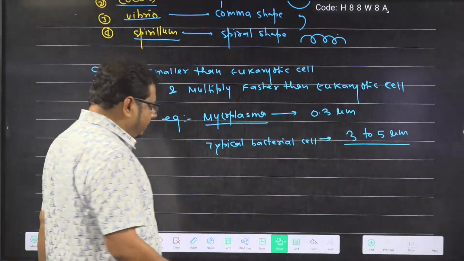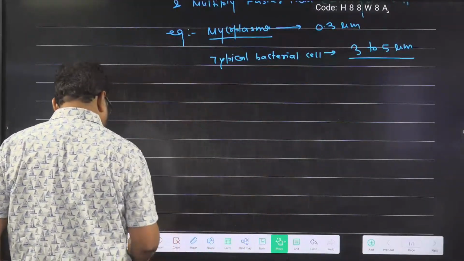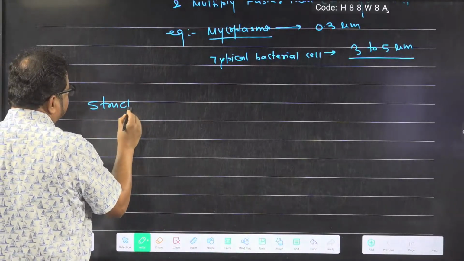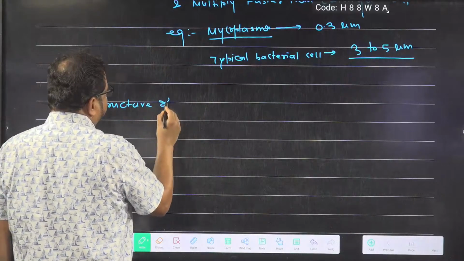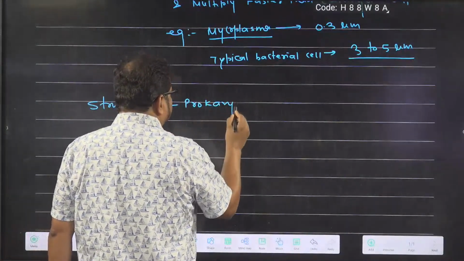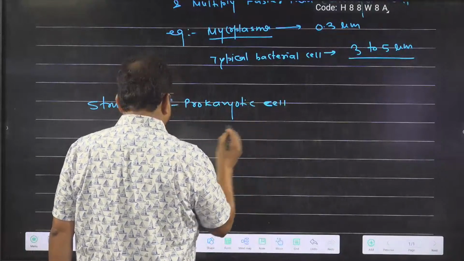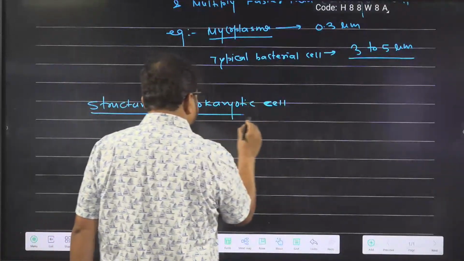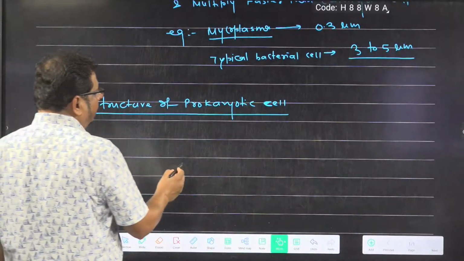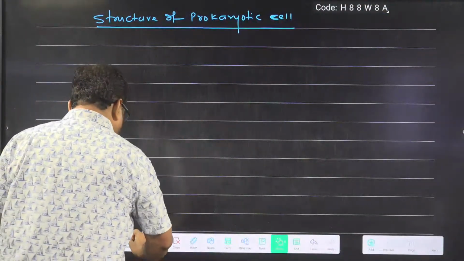It's all right? Now we are going to discuss the structure of prokaryotic cell. So give your attention. Now I am going to draw the structure of prokaryotic cell, and the best method is what?